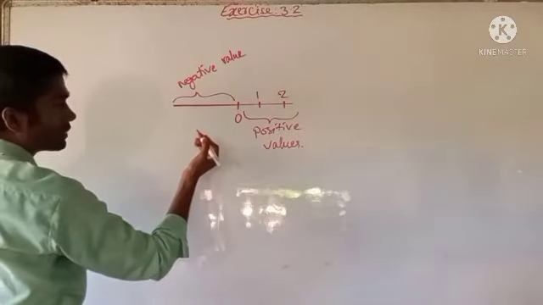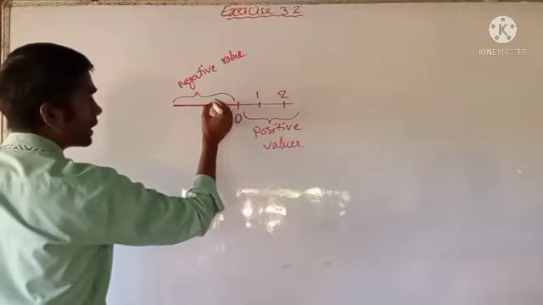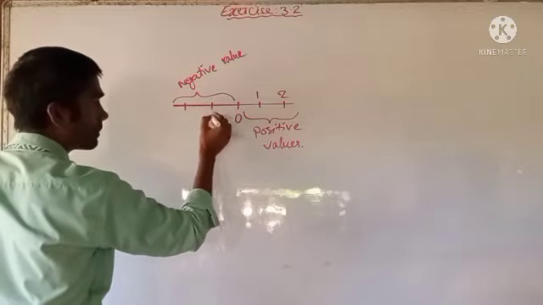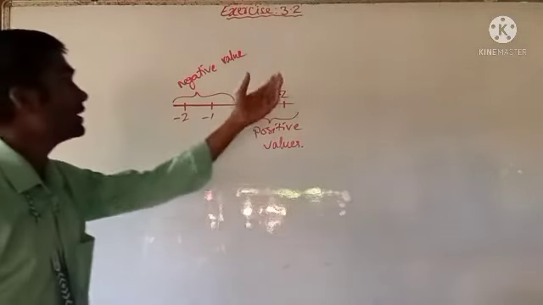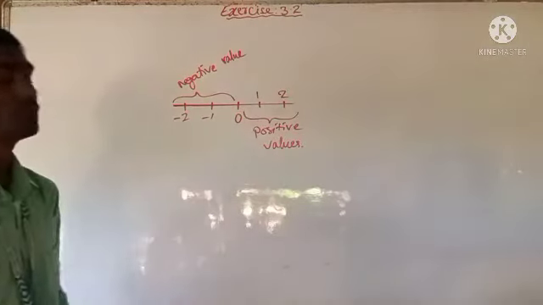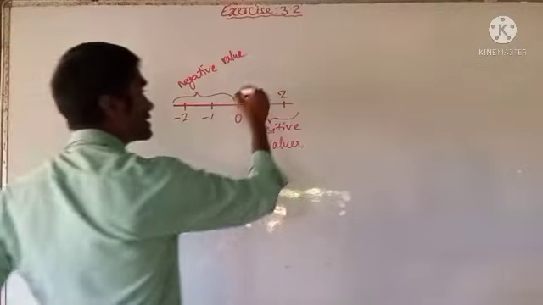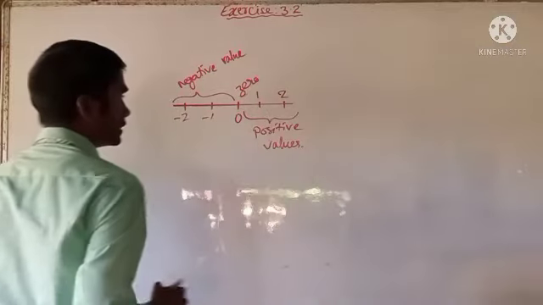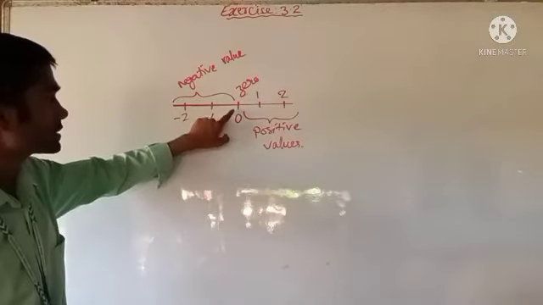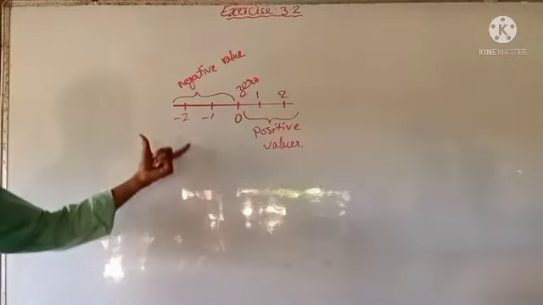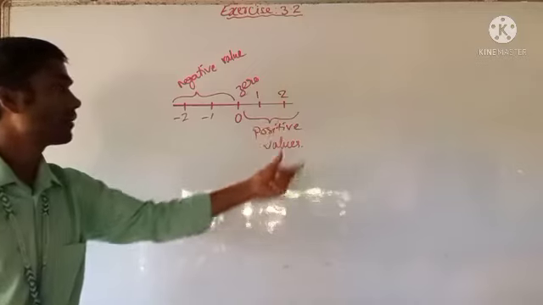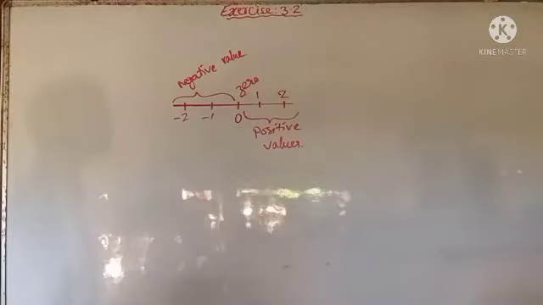And when we go to the left hand side, we'll come across the negative values that are -1, -2 and so on. So a number line consists of positive and negative values plus the 0. In the center it is 0, on the left hand side it represents the negative values, and on the right hand side it represents the positive values.